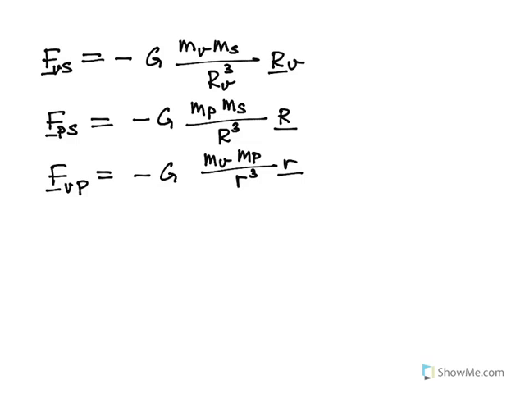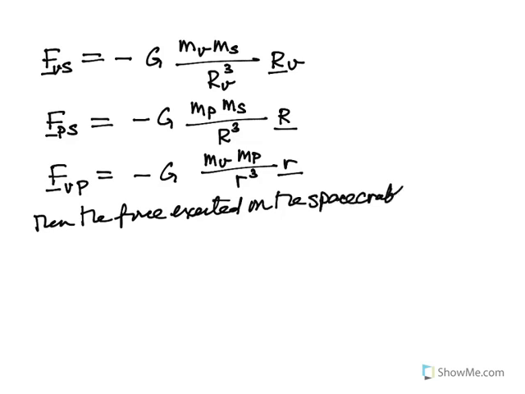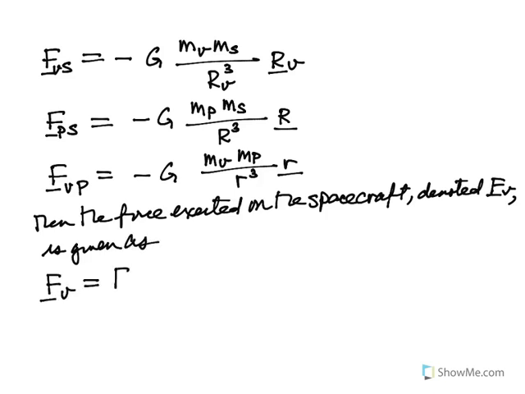Now, let's first consider the force exerted on the vehicle. The force exerted on the spacecraft, which we will denote F_v, is given as the force exerted on the spacecraft by the sun plus the force exerted on the spacecraft by the planet.